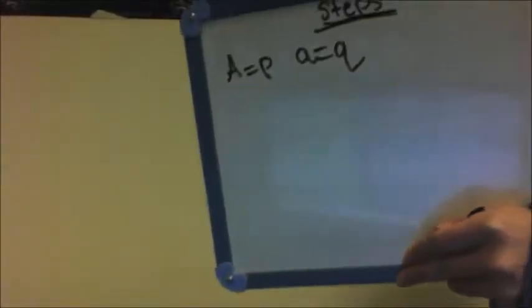So as mentioned before, A equals P and lowercase a equals Q. And they give us capital A equals 0.35.